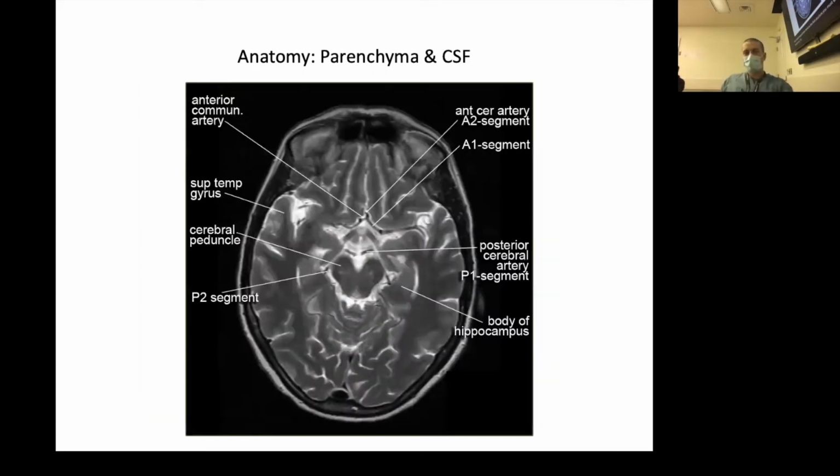The next one is the parenchyma and the cerebrospinal fluid. So you don't have to have a detailed knowledge of neuroanatomy, but you must be able to identify at least two key structures, and that is the midbrain, which we will talk a little bit about as we move along, and that is also the CSF space. That is important because those are the anatomical structures that you look for as you start to interrogate the vessels, which you are going to insonate.